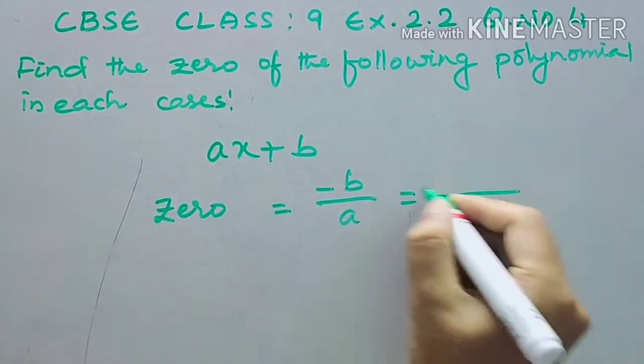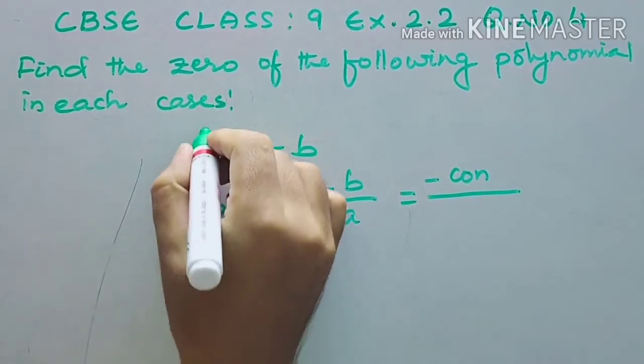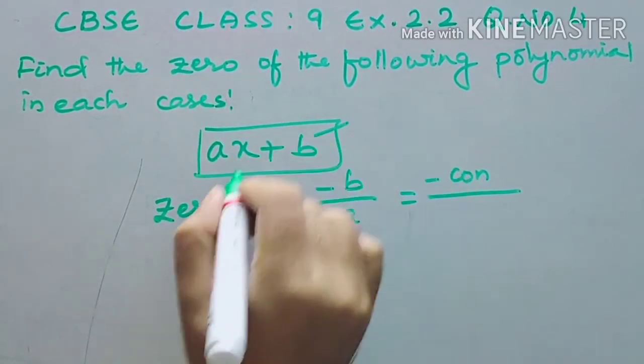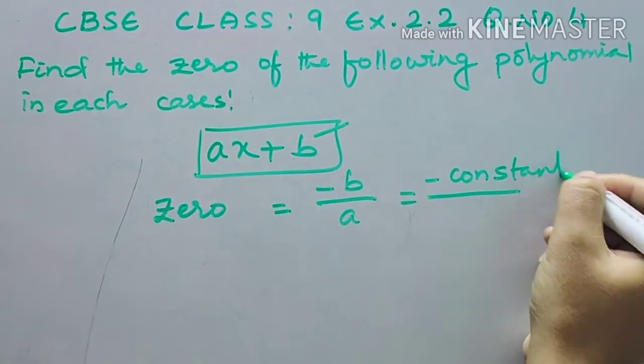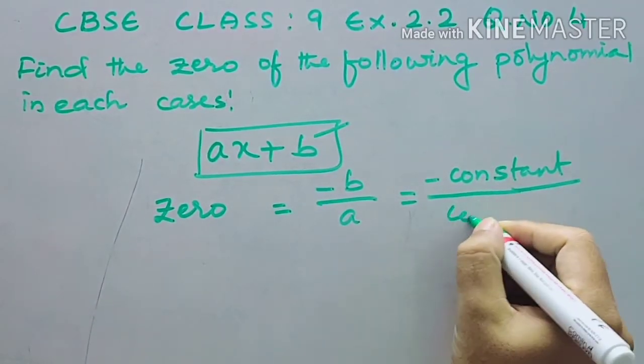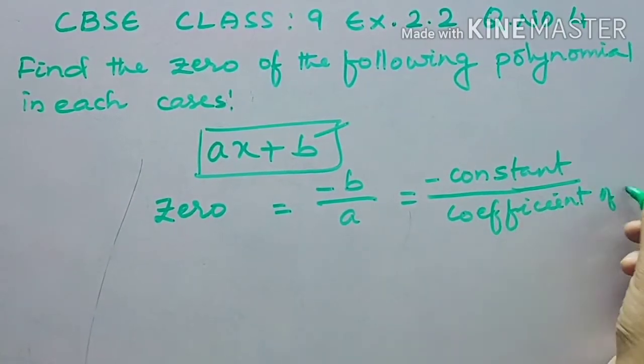Minus b is nothing but the constant term. In this linear polynomial, b is the constant term. So minus the constant term divided by the coefficient of x. This is the thing we have already discussed in the theory part.